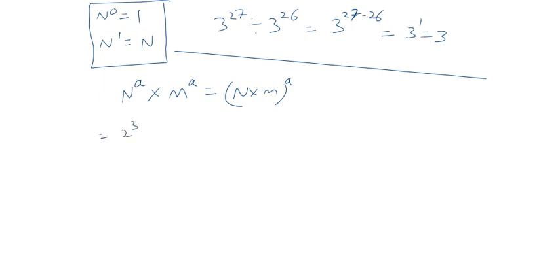Let's suppose 2 to the power 3 multiplied by 3 to the power 3, then it can be 6 to the power 3. You understood? Power 3 comes out common, 2 into 3 is 6. Total will be 6 to the power 3. You can calculate by calculator, the answer will come.